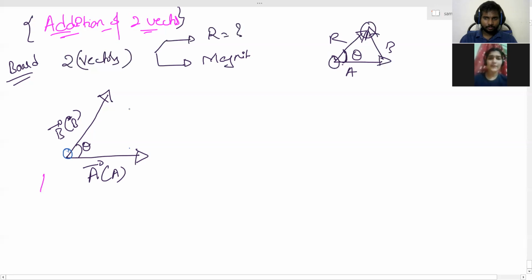First we have to keep the tail and head joined together, then only we have to join the free ends. So this vector can be displaced parallel to itself so that its tail gets joined with this head. Did you understand or not?